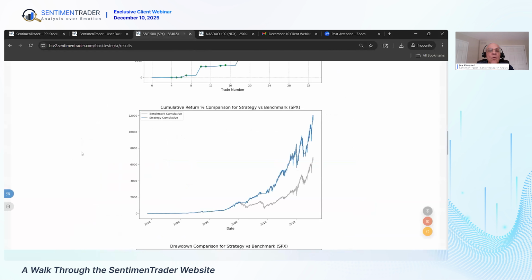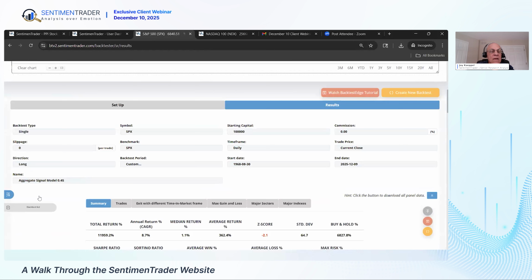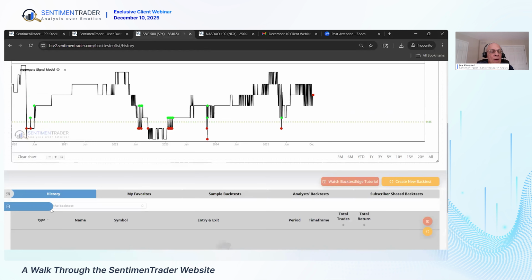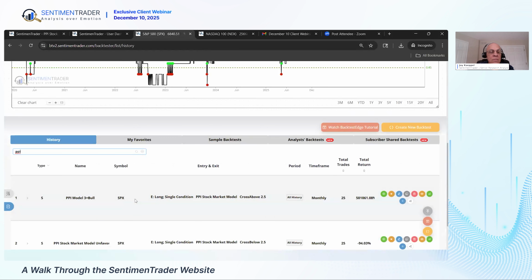So let me just go back to Backtest Edge. Okay, so that's where we are right now. And I'm going to go to my list, and I'm going to look up, so I built this into a systematic approach.